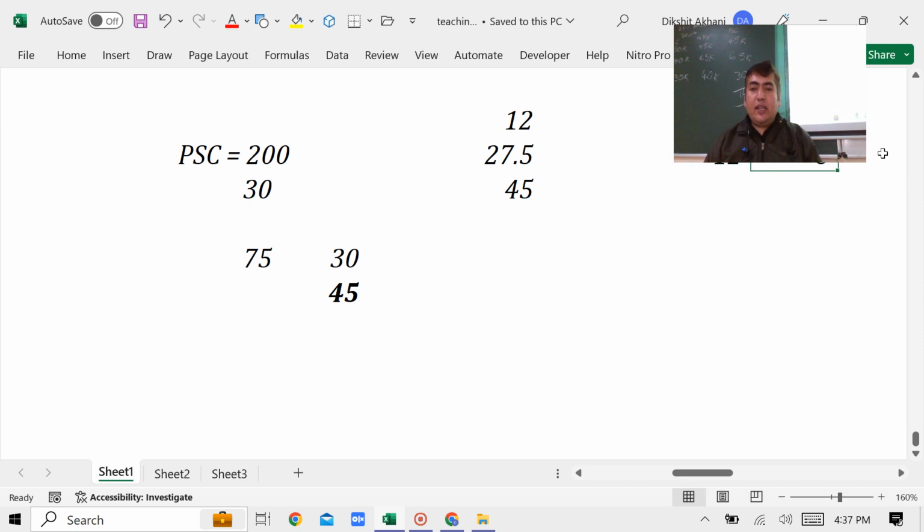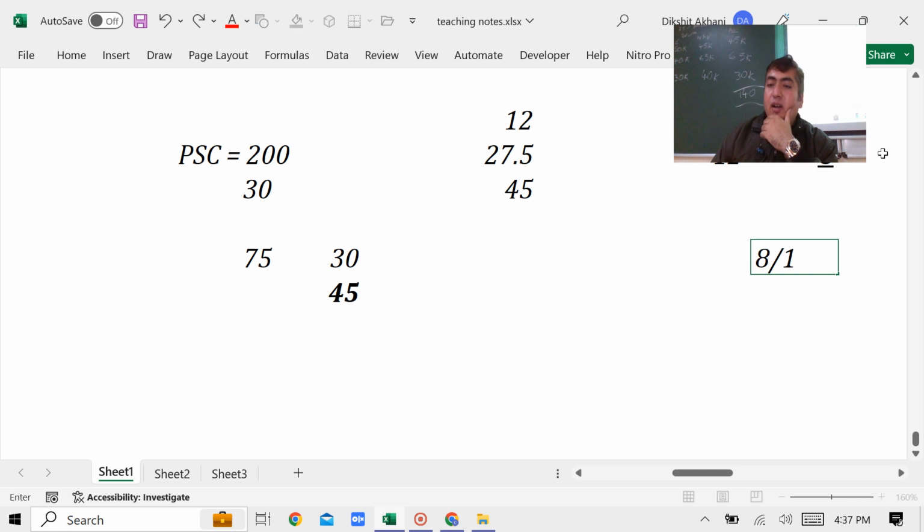So this 8 crore rupees is the maximum available to go for dividend. You can't go beyond that, whether you want to satisfy your preference shareholders or your equity shareholders. If you want to utilize the entire money as equity share dividend, 8 divided by 100, the maximum percentage you can give is just 8%.